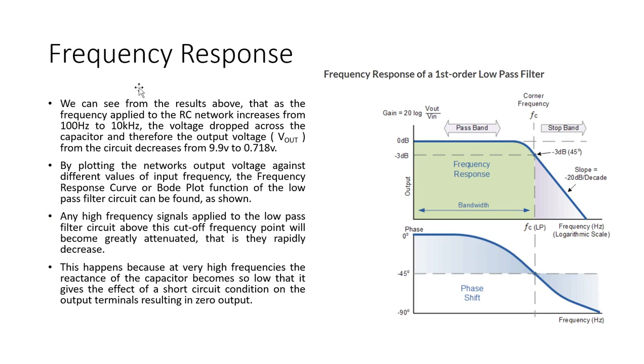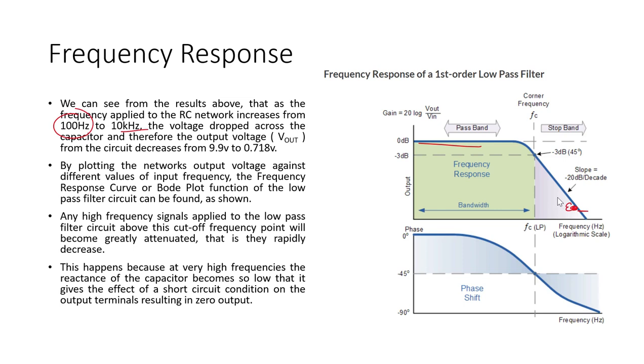The frequency response of this low pass filter is a bit easy now. It will be studied with the data from the previous example. So we can see from the result that when the frequency was 100 Hz, the response was good, but when it becomes 10k, the response was bad.